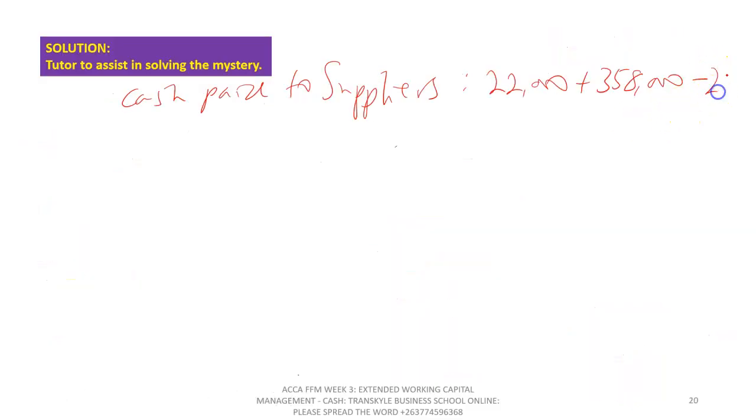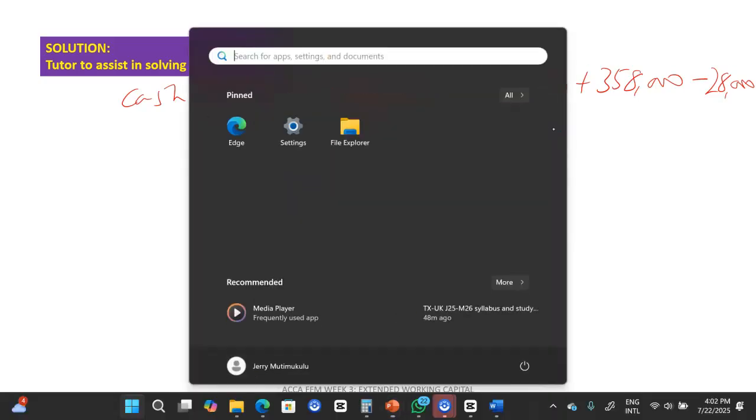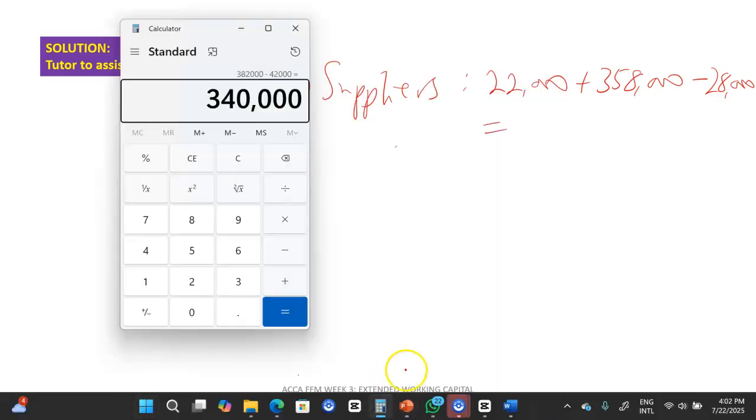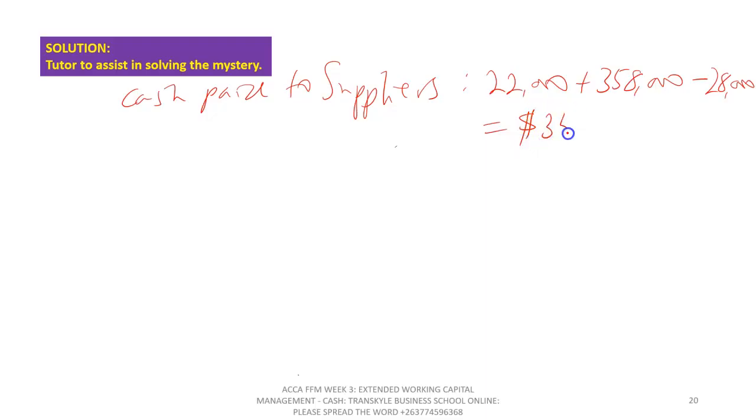So we're going to say 28,000 there. So let's do the mathematics. Let's use our calculators. Okay, that's 22 plus 358 minus 28. So that's 352,000.